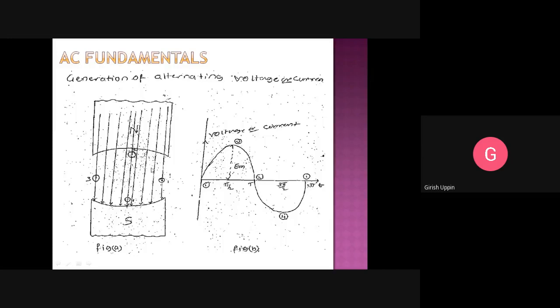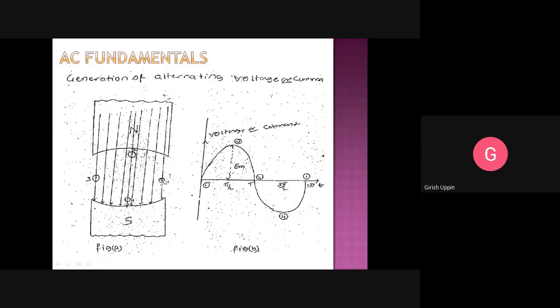So what would be the flux cut by that particular conductor? It is proportional to sine theta, and the EMF induced at this position is also proportional to sine theta, which is representative of some value here. So if I consider angle theta here, it would be the value proportionally induced in this particular conductor.